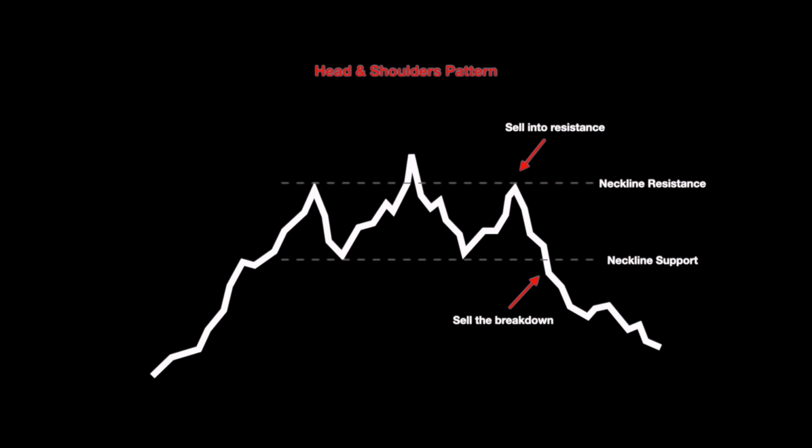However, after the stock forms that head of the head and shoulders pattern, the right shoulder is really just going to be the first lower high that forms after a stock is consistently making higher highs. That's going to be a sign that the stock is switching from that uptrend into a downtrend, and from there a breakdown below the neckline support is just going to solidify that the stock is now making lower lows as well as lower highs. And that's why this chart pattern is such a highly accurate reversal indicator.